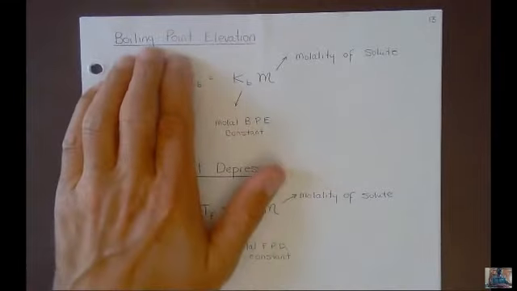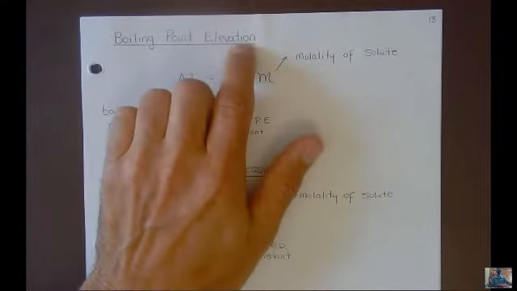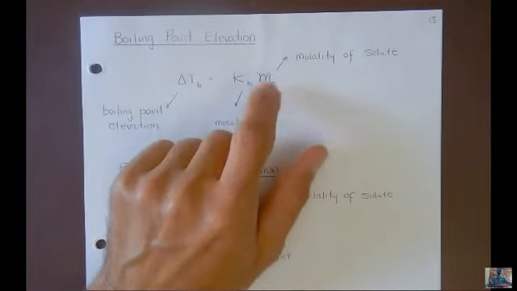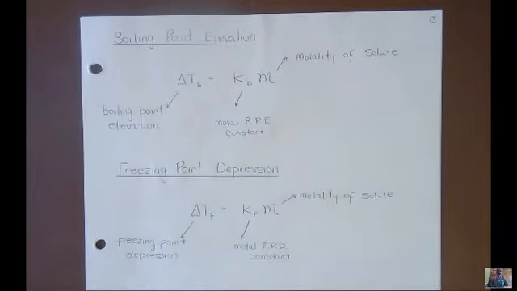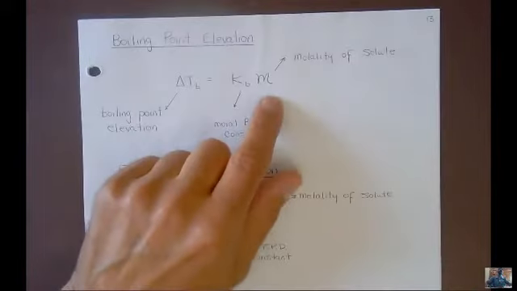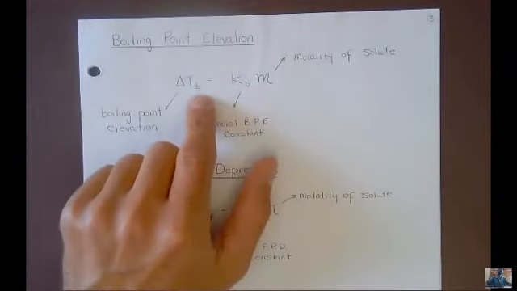So boiling point is always going to be elevated because when you add the non-volatile stuff, it's going to cause fewer of the molecules to evaporate. If fewer molecules evaporate at that certain pressure, you're going to have to go to a higher temperature to reach atmospheric pressure. Boiling is defined as the point when the vapor pressure equals atmospheric pressure.